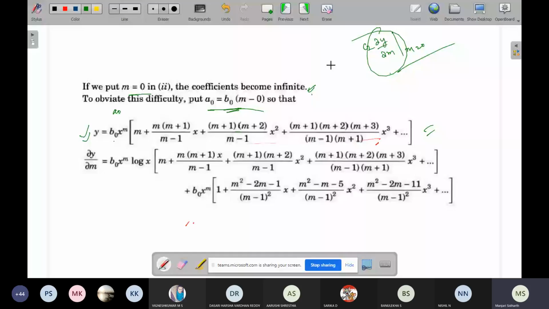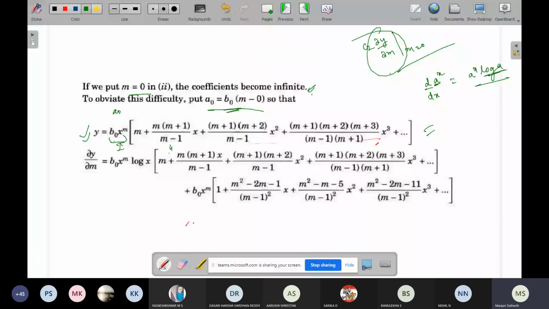Now, the differentiation of a^x is a^x log a. So consider this as first and this as second.